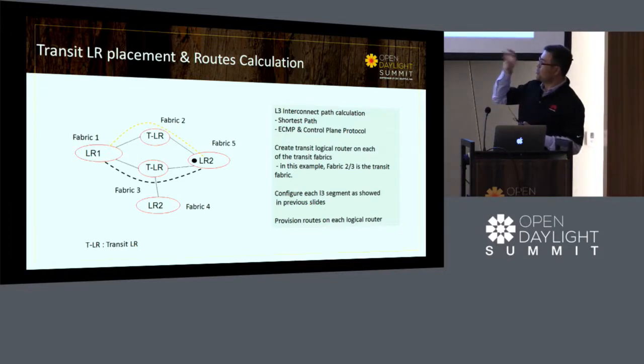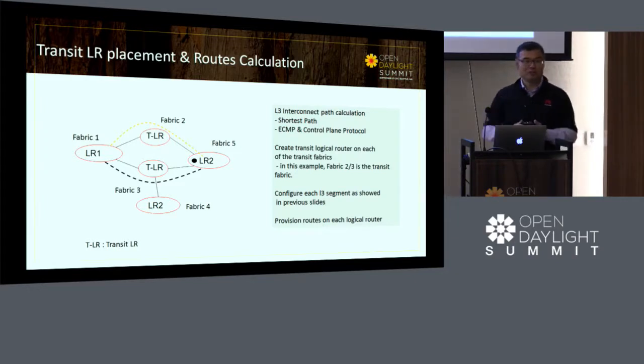Then you have to create the logical router on the transit fabric. By transit fabric, I mean in the middle of the topology. Then you create a kind of logical topology between the logical router 1 and logical router 2. Then using the previous steps, you set up the routing table.